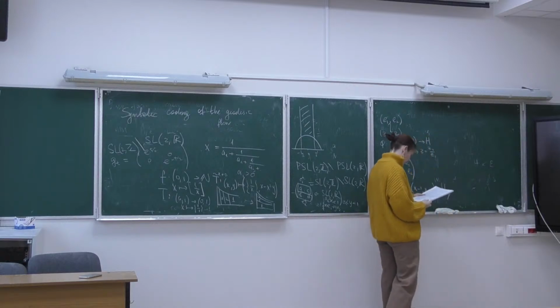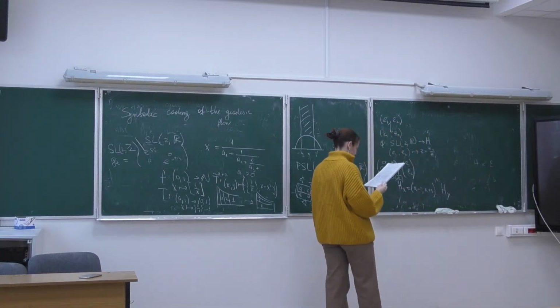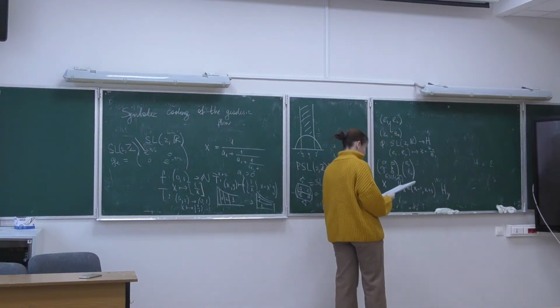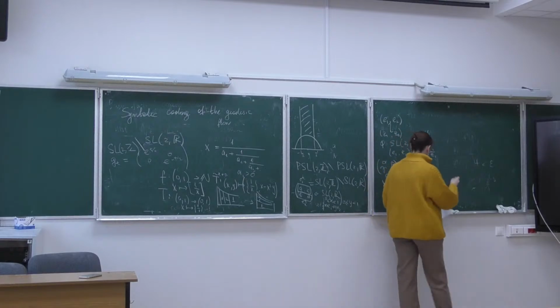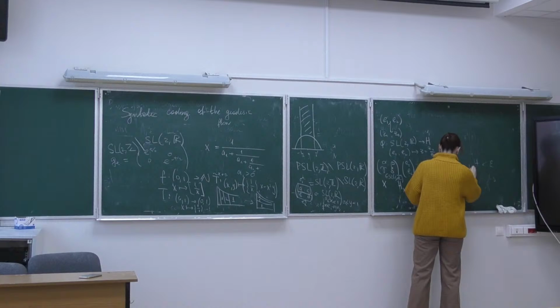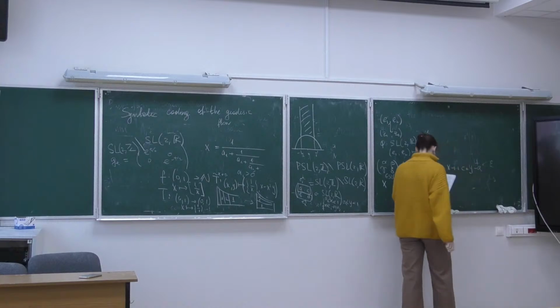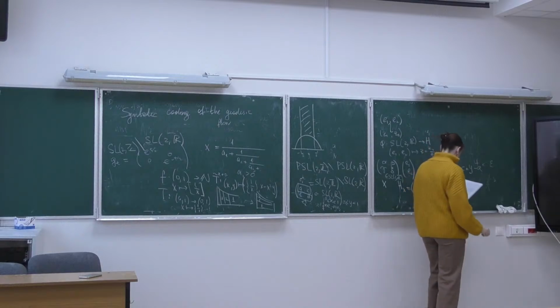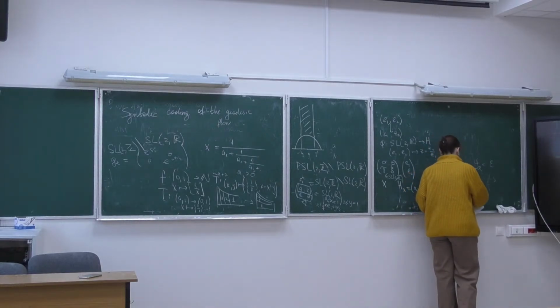Я сейчас напишу и потом попробую картинку нарисовать, что это значит. So assume that this intersection point was to the left of y. So what does it mean? It means that x plus EC is equal to y minus a. So we can consider x equal to x plus IC.